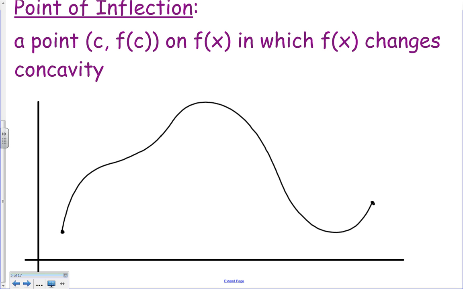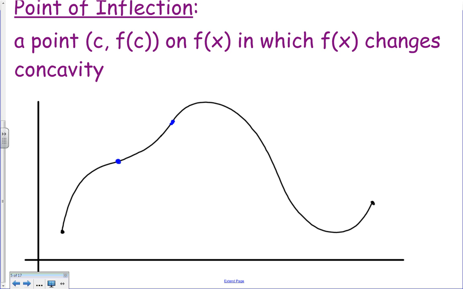First of all, let's go through and mark a couple of key points here. I can see that my graph starts out concave down until about right here. And all of a sudden it changes concavity there. And then it's increasing for a little while here. It still is increasing, but all of a sudden about right here, it changes again. It's no longer concave up, it changes to concave down.